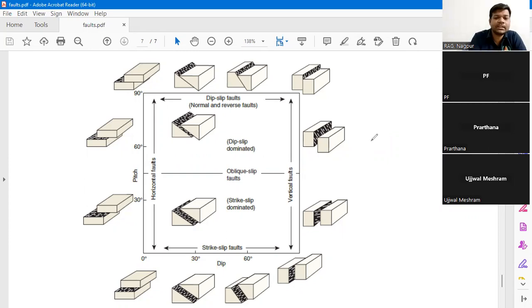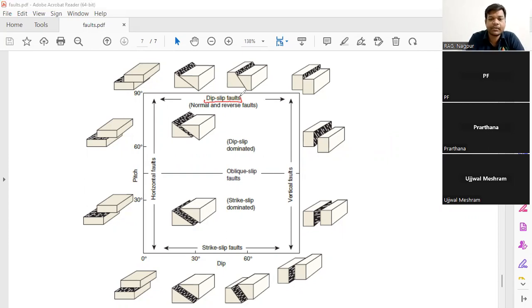First, it will be dip slip faults. Now dip slip fault covers reverse fault as well as normal fault, right? Don't consider that dip slip fault is only normal fault, because this is the misconception of many people.